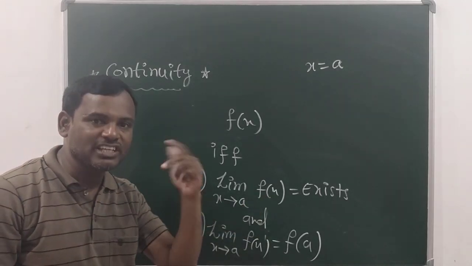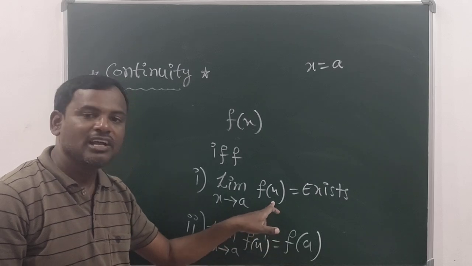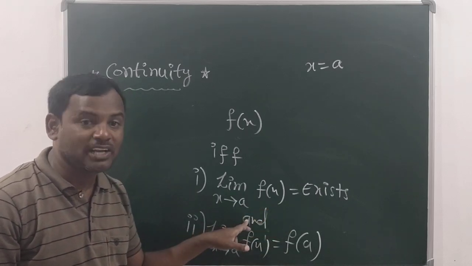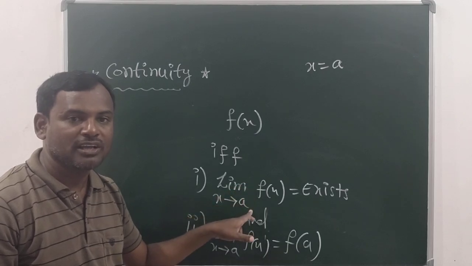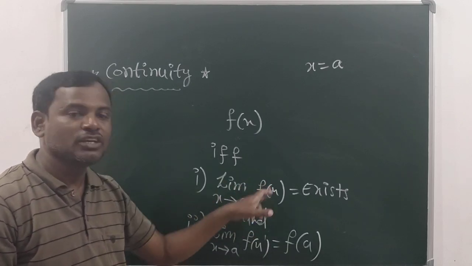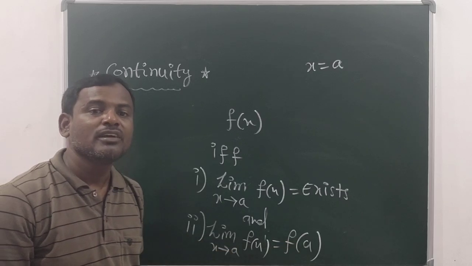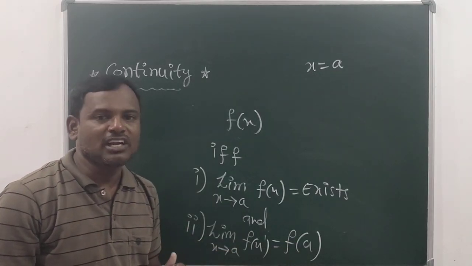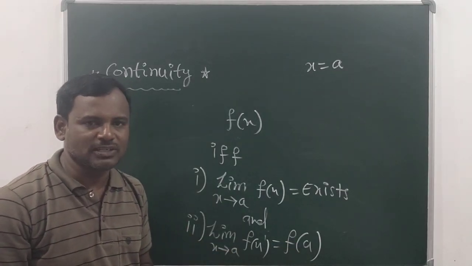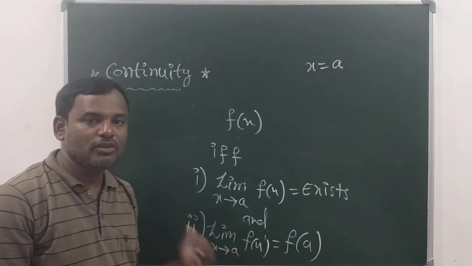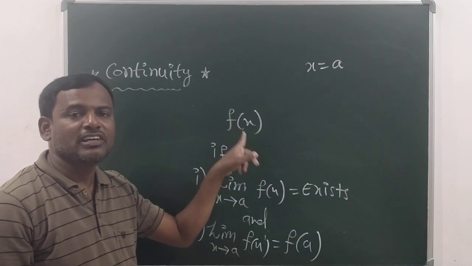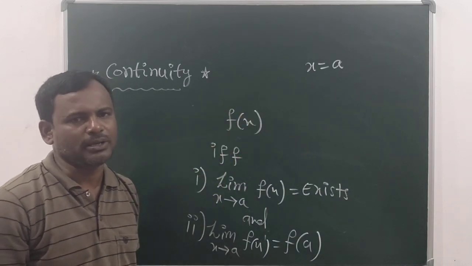There you learnt various methods to evaluate the limit of this function. Apart from this, you would have to find the functional value, that is the value of the function. Both must be equal.